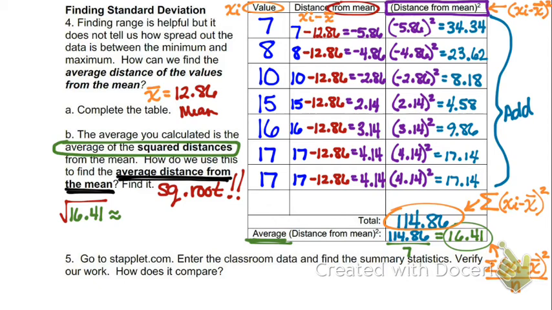You guys get that it's about how much? Yep. I got 4.05 when I did it on my calculator. That is the typical distance from the mean for any of our data points.